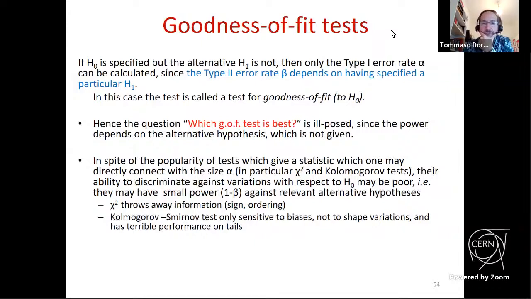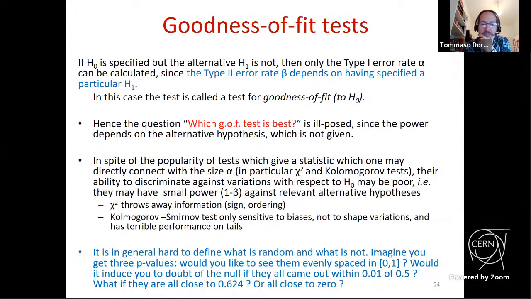So two days ago, we stopped the discussion more or less at this point. We were discussing the goodness of fit tests. And I was making the point in this slide that they don't require you to specify an alternative hypothesis. So you have some data and you have a model. Your null hypothesis, H0, is all you have.